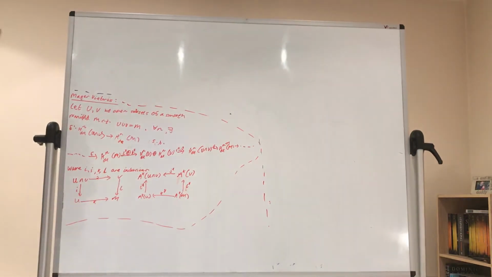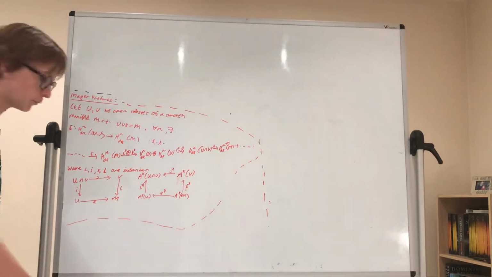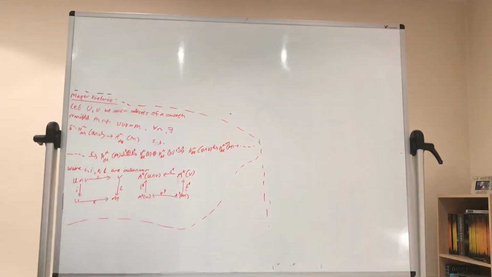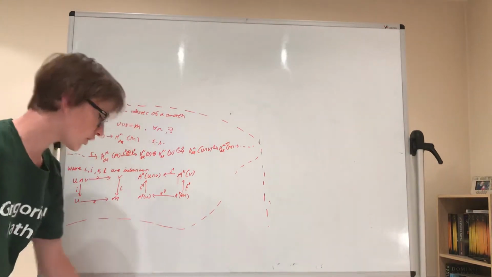So here's the Mayer-Vietoris sequence. This is going to be very important in computing the de Rham cohomology of the circle.